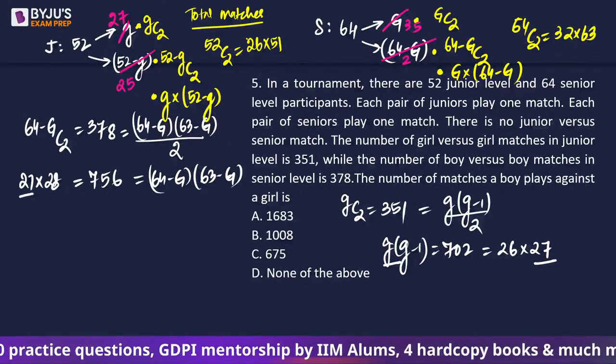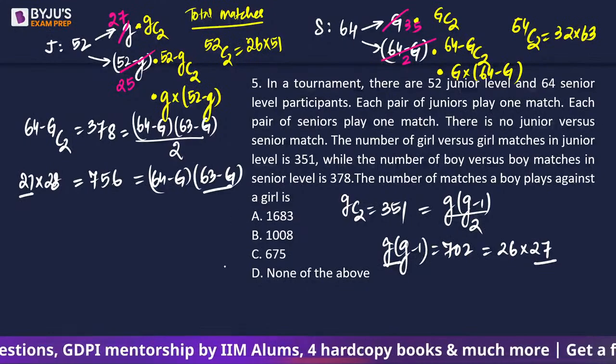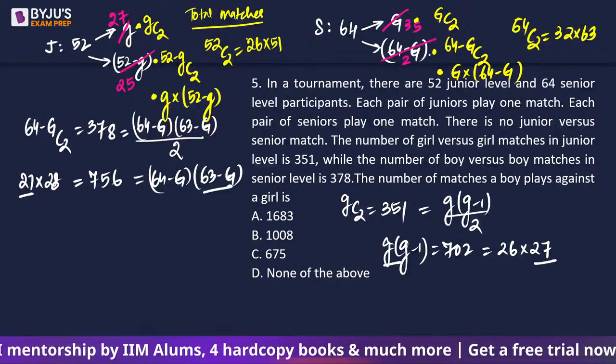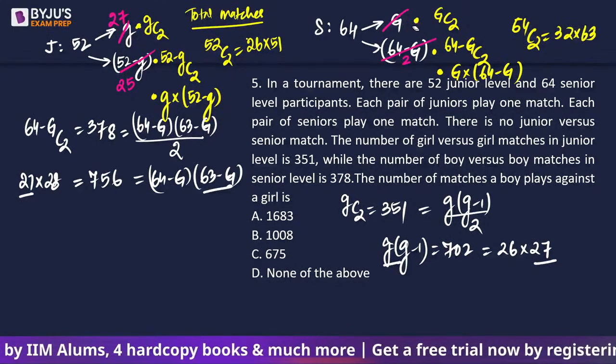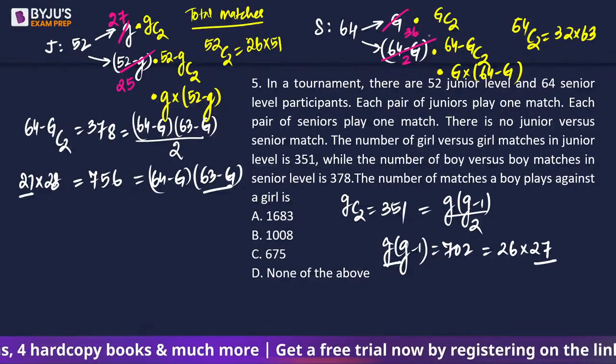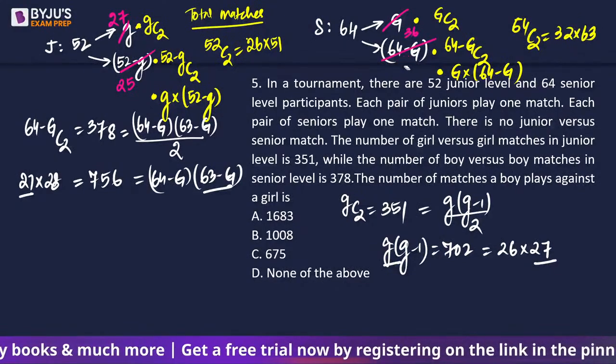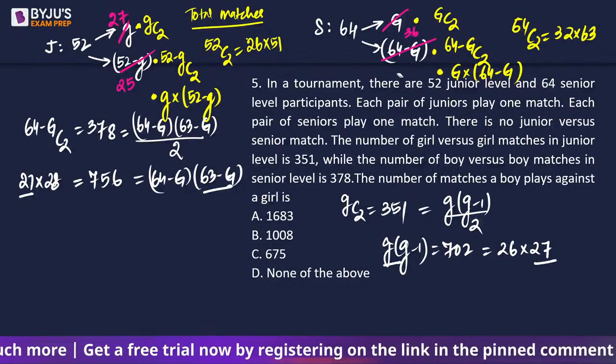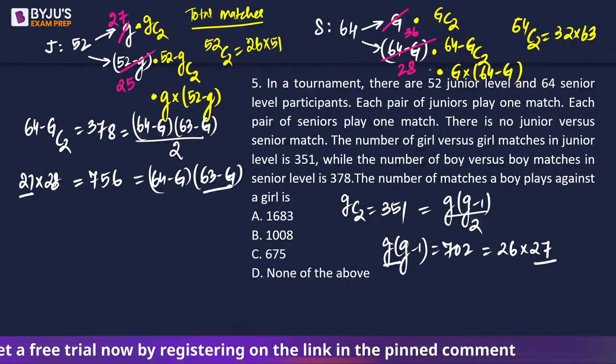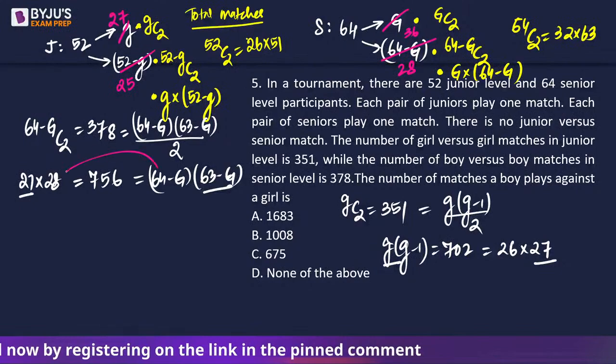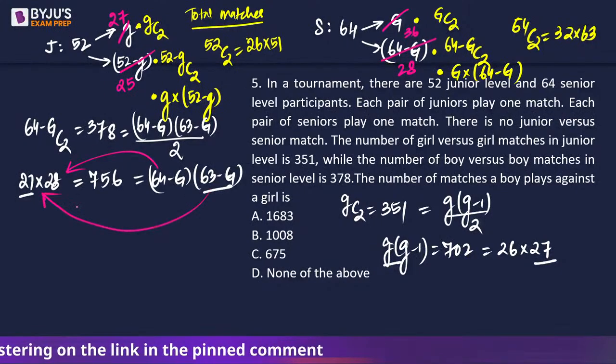So if I'm taking 27, I will have to take the smaller number. 63 minus G should be 27. So that would result in G as 36. G is 36 and 64 minus G would obviously be 28. 64 minus G is 28, 63 minus G is 27.